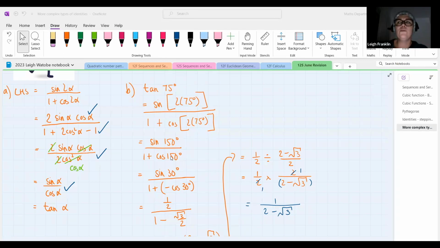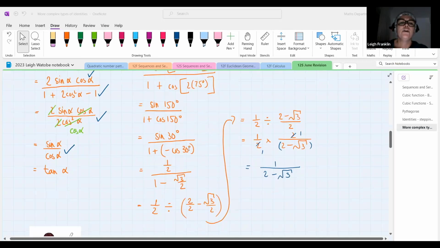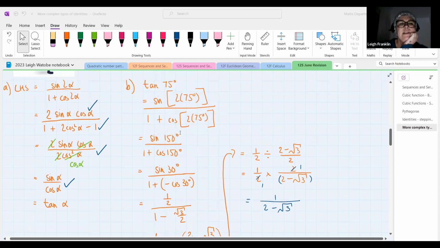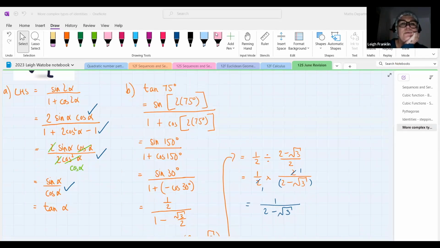Our normal grade 11 reduction formulae here are the easiest way to get to the answer. So I certainly wouldn't start writing things like sine 30 in a different way. No. Okay. Remember, maths is difficult enough. Don't make it more complicated than it needs to be.